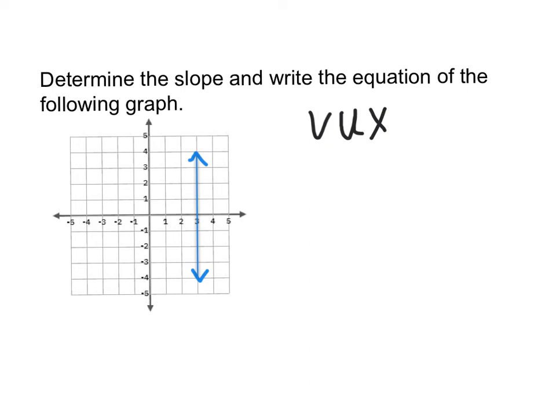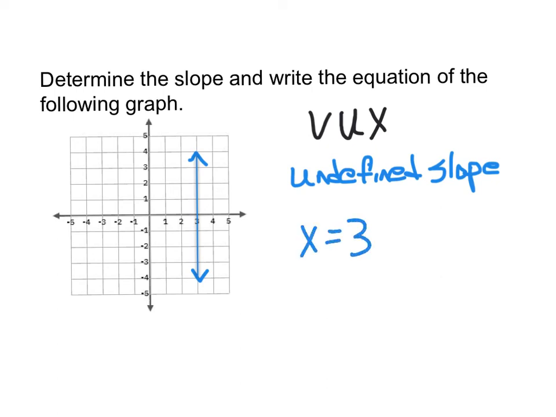So we'll simply write undefined slope. And then as far as the equation, you will see that the x value is always 3, okay? We always have a 3 where you see the x. So we would write this equation as x equals 3.